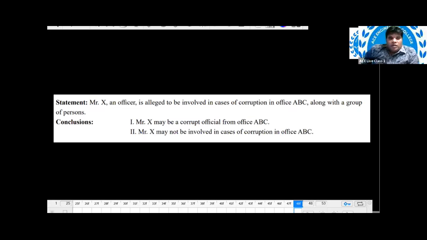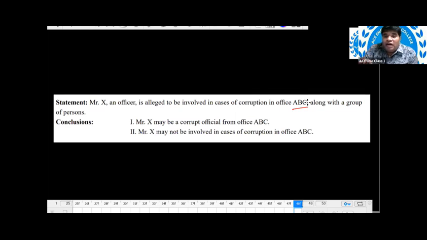Yes, sir. Mr. X, an officer. Mr. X is an officer, alleged to be involved in the cases of corruption in office ABC. ABC is just the office name. Along with a group of persons. Mr. X may be a corrupt official from ABC.